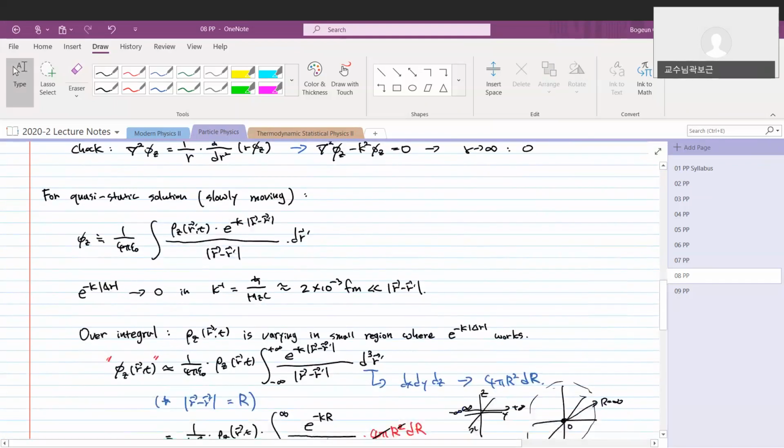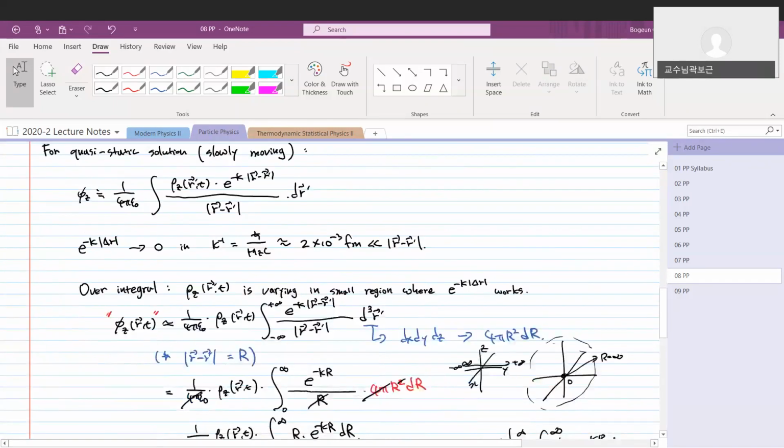Then we also found the quasi-static solution. The range of the weak interaction covers a very short space. So around the nuclei, we just consider the potential or density of the Z boson as a static value.